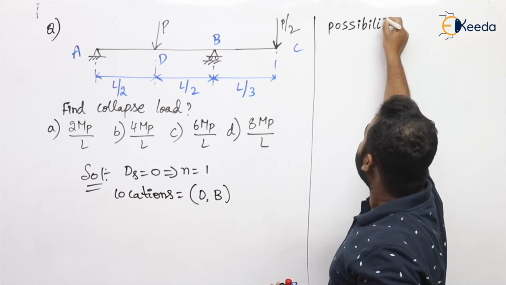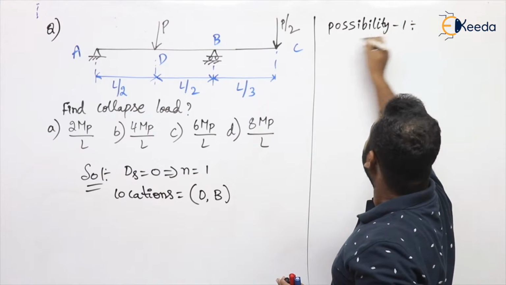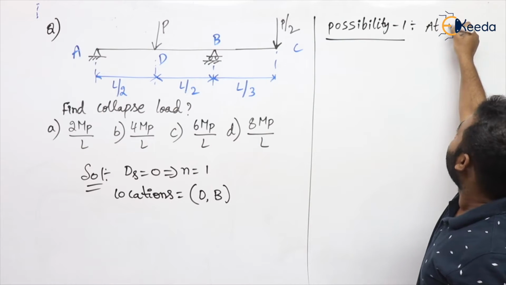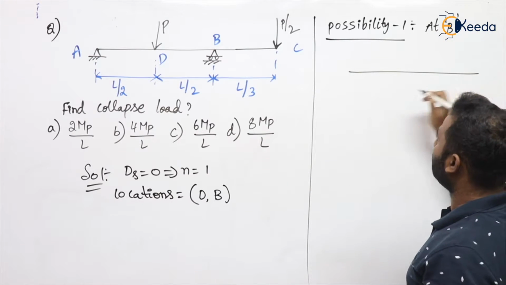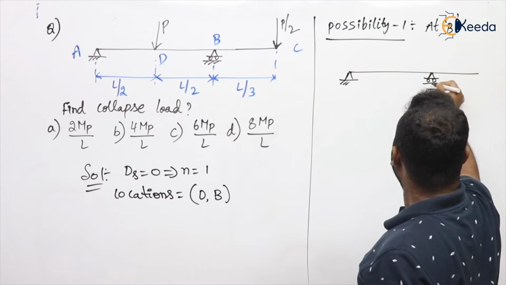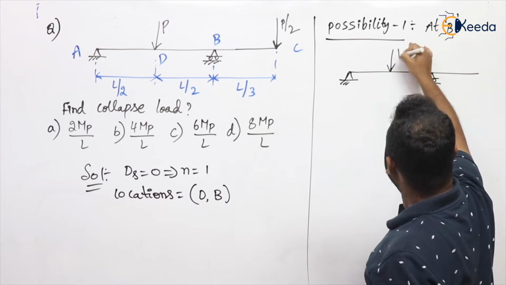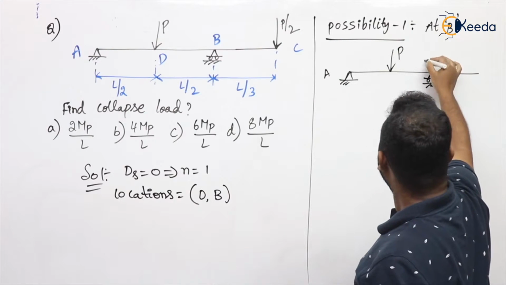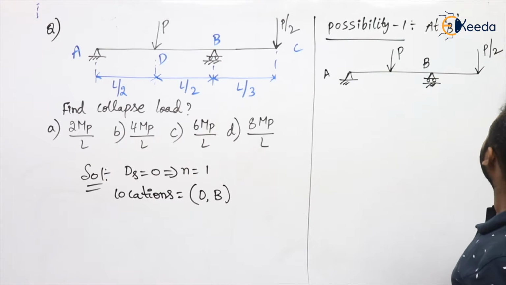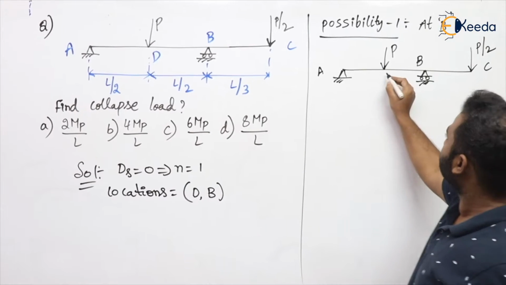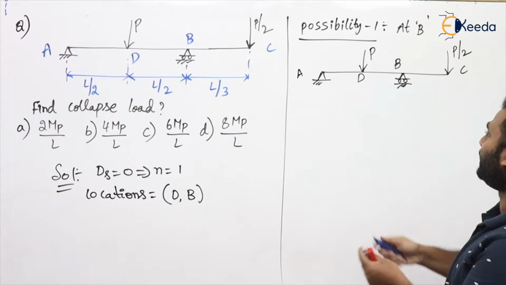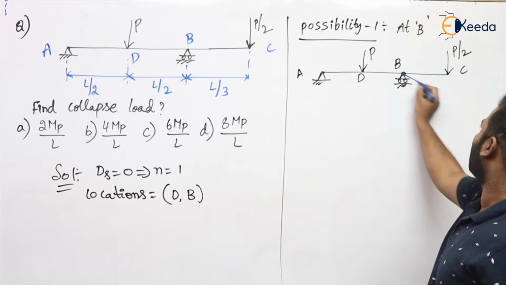Possibility 1. First, let us assume the hinge at B. In this case, the hinge is forming only at B. Therefore, the collapse will be somewhat like this.